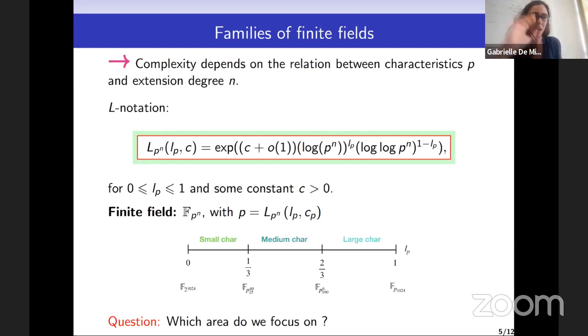The complexities of these algorithms, we looked at them asymptotically, where P and N go to infinity, following the relations that link them through this L notation. Here we look at the binary case where P equals L cubed 1/3 of CP, which gives a family of finite fields and a link between N and P. And when these tend to infinity, asymptotically, we look at these complexities.